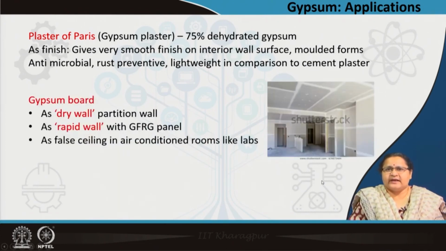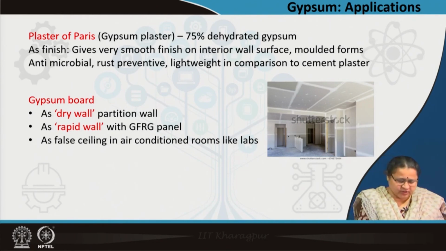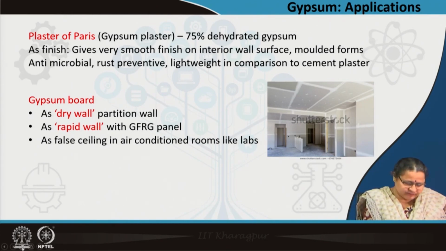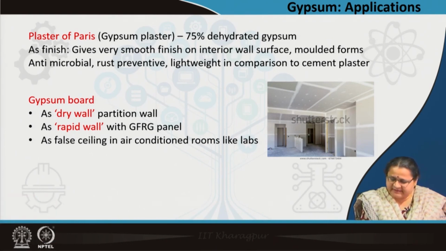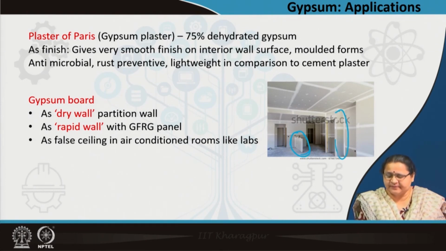Coming to the actual applications where gypsum is used as a dry wall. You see this picture, you can see a half dry wall. This is a half dry wall made of gypsum. These are full length partition walls made of gypsum.